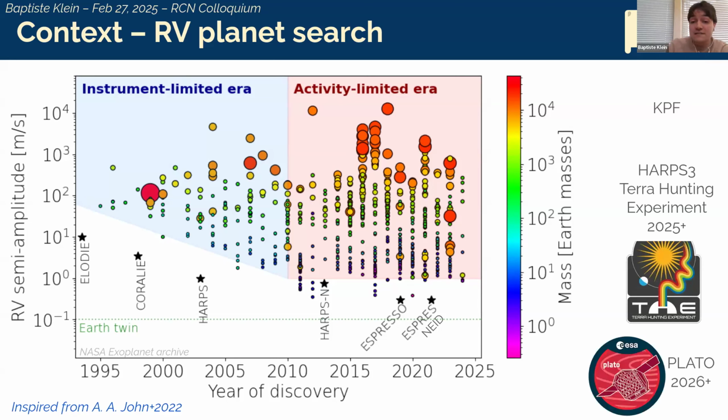With upcoming projects, we have the ESA PLATO mission in 2026, the HARPS-3 and Terra Hunting Experiment starting soon, and KPF as well. We are going to address this activity problem because this is our main limitation now to search for long period Earth mass planets around Sun-like stars. And that's really what I will focus on during this talk.